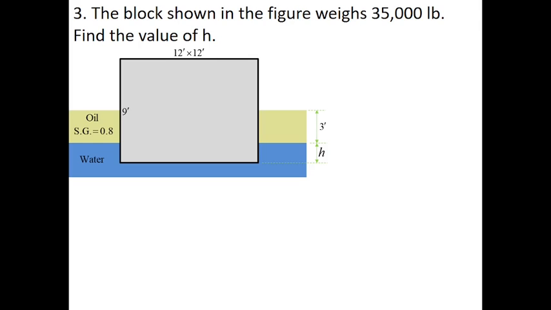So, the block shown in the figure weighs 35,000 pounds. Find the value of H. And let's analyze. No? So, we have here an object na kung saan, imagine ganito yan. Halimbawa, meron kang water.